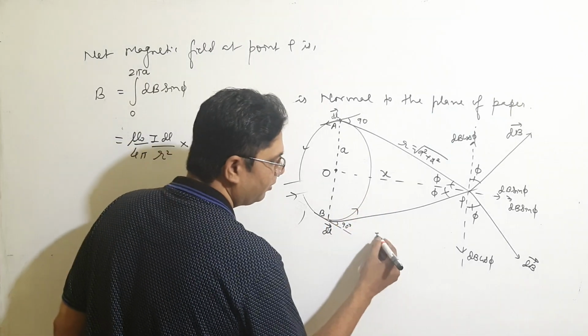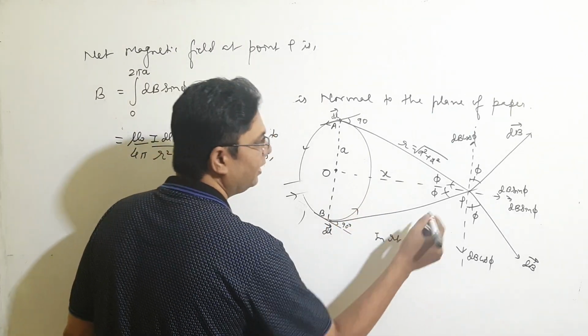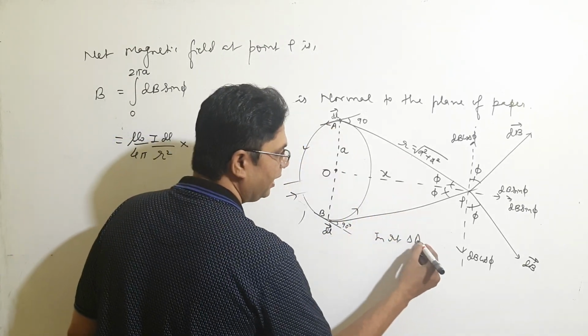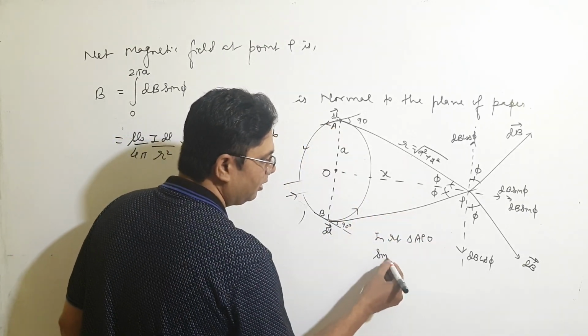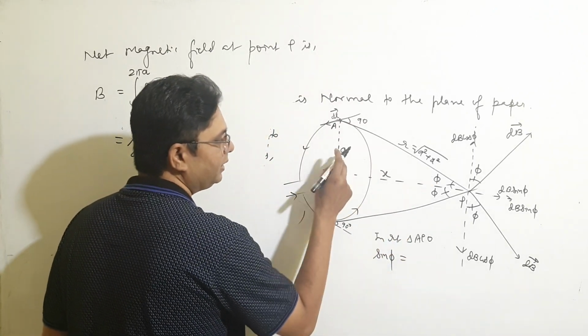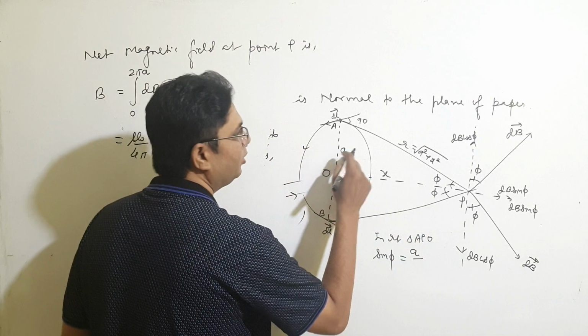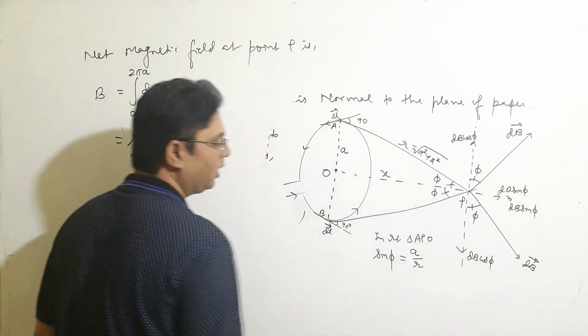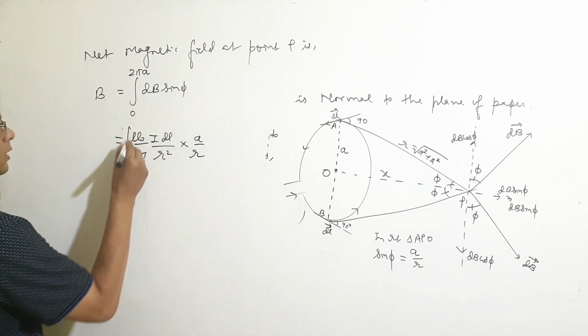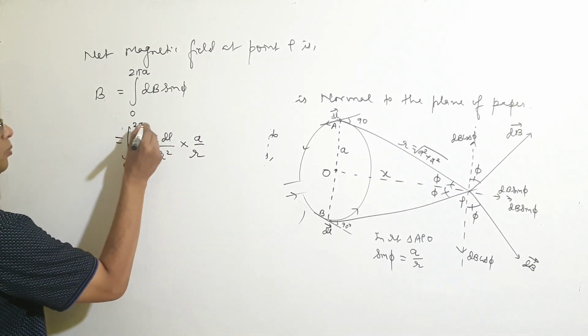See in this diagram, in right triangle APO, sin phi is perpendicular by hypotenuse. The perpendicular is a and the hypotenuse is r, so a upon r. So here you have a upon r, integration 0 to 2 pi a.